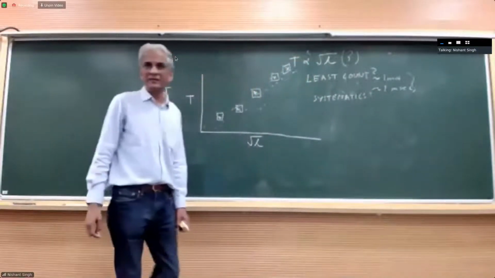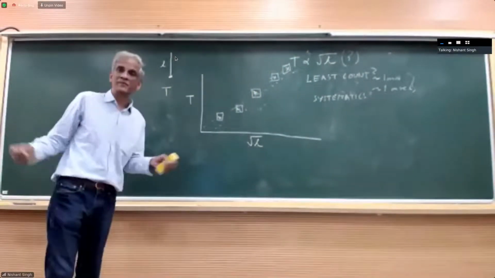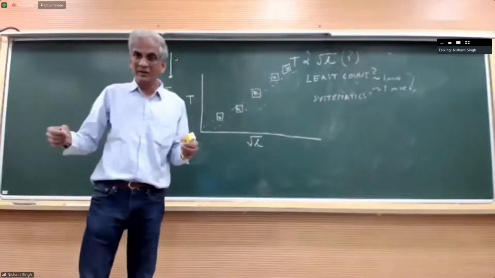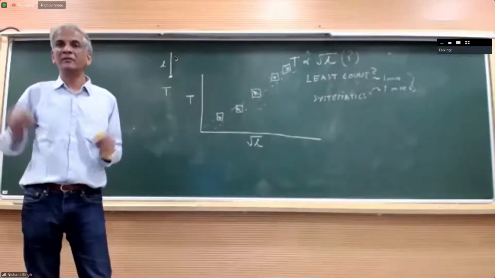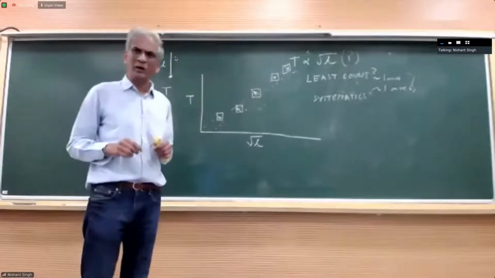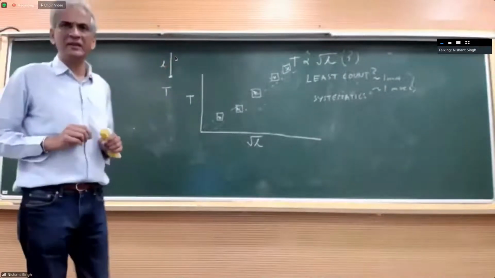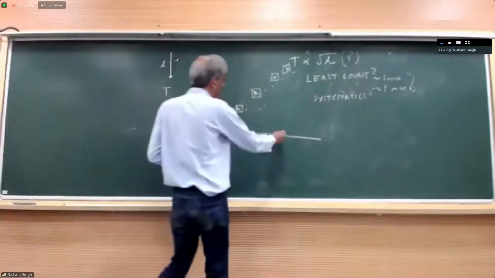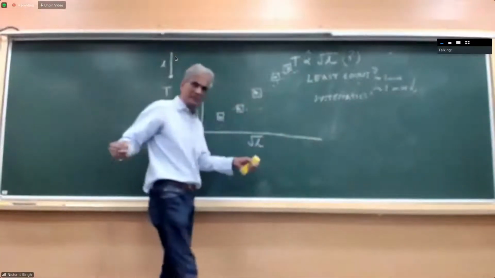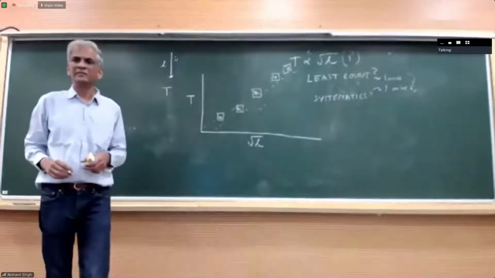Systematics: your ruler could be wrong. You may actually have a ruler which did not have equal spacing. In fact, you start wondering how a ruler ever got equal spacing in any case. It may be that when you go to higher lengths, the ruler is not exactly correct.